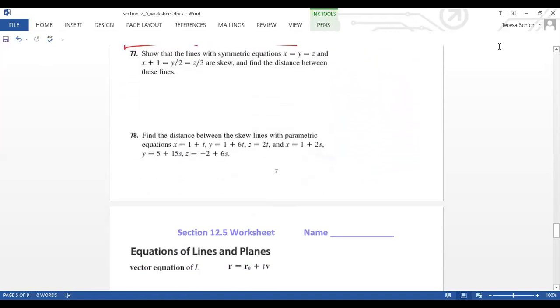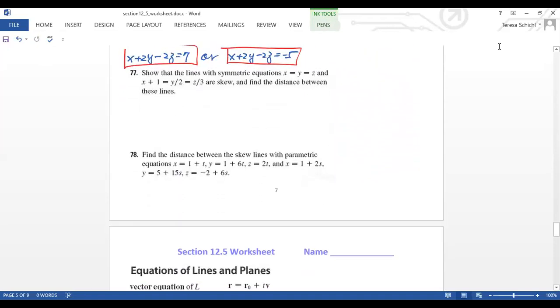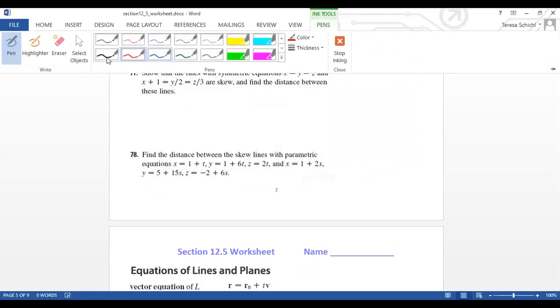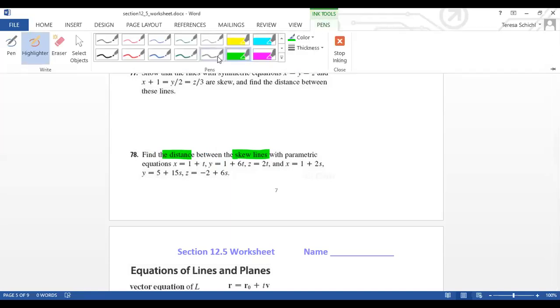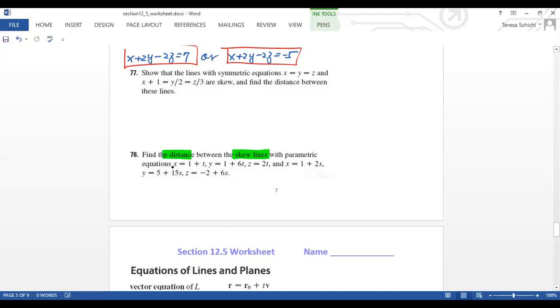Okay, so now let's take a look at the last one here. This one is very interesting. They say I have 2 skew lines, and I want to find the distance between these 2 skew lines. For the first line, let's color code it.